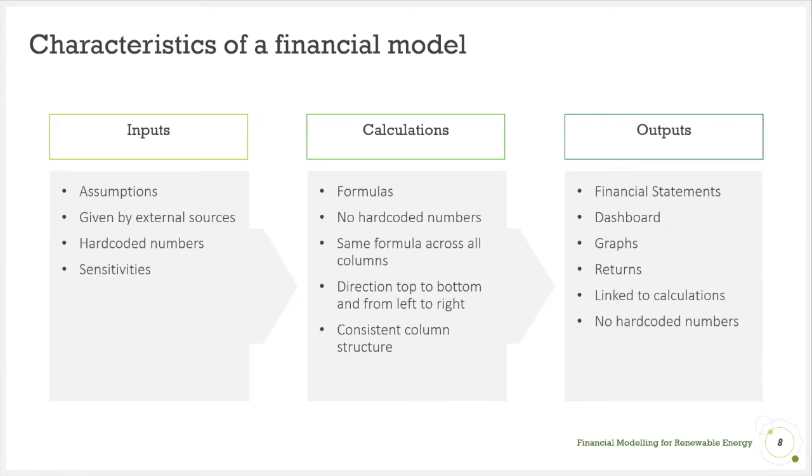And consistency between column structures. We will go through this when we see the template, but basically what this means is that you start your calculations in all the tabs in the same column. So this makes the model quite transparent, and we will learn how to do this later today.